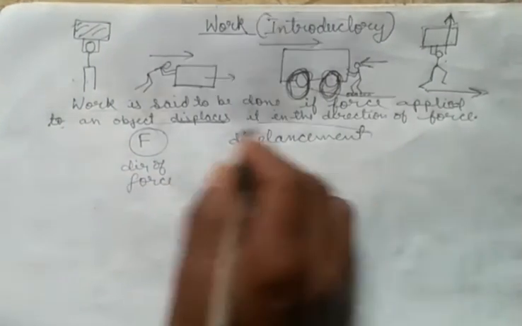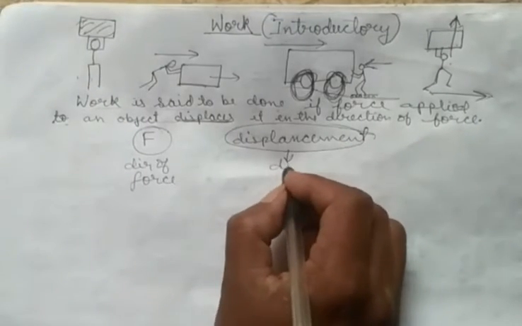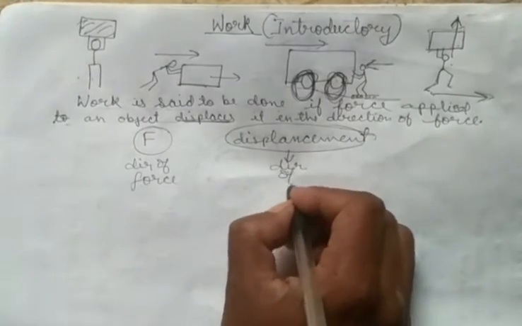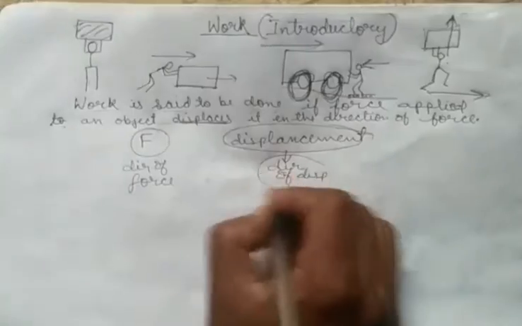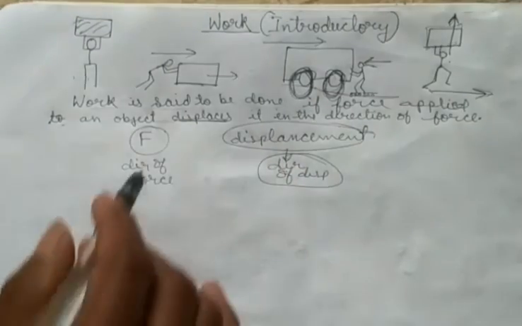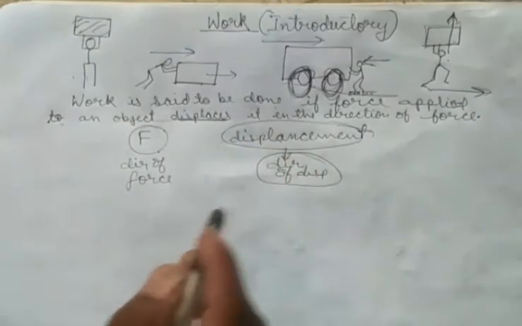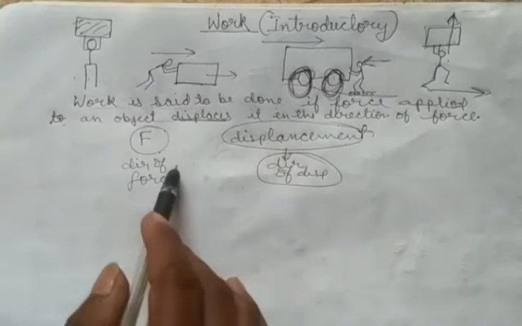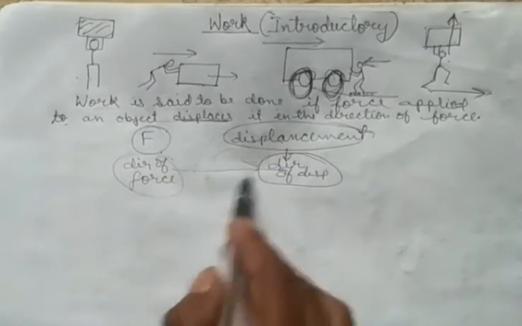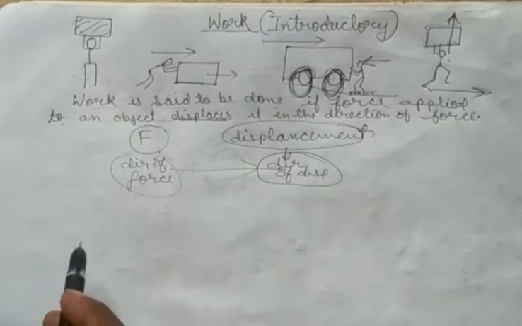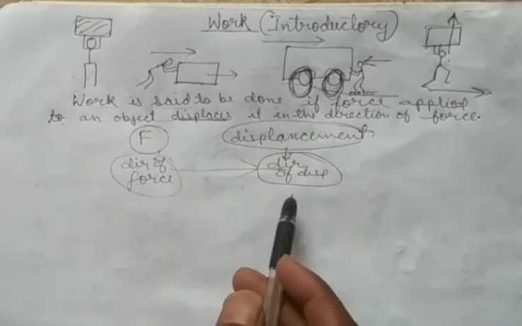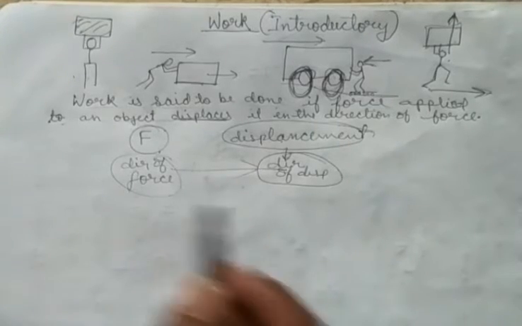Force has direction, and displacement has direction. So there should be force, there should be displacement, and the direction of force should be in the direction of displacement, or vice versa, the direction of displacement in the direction of force.